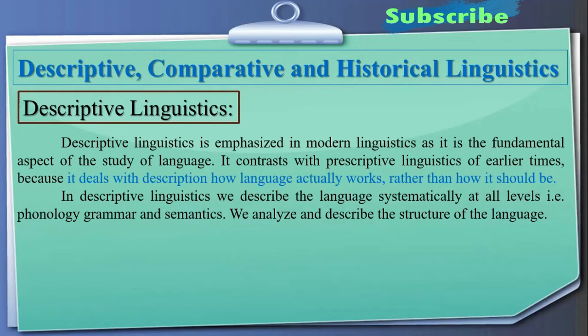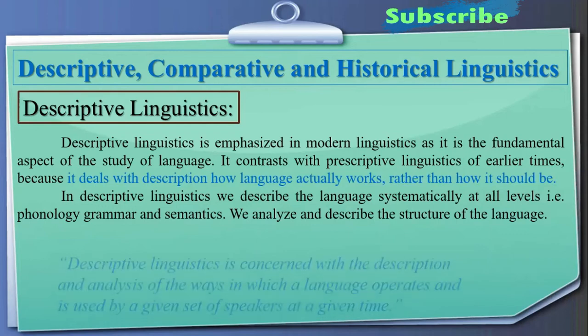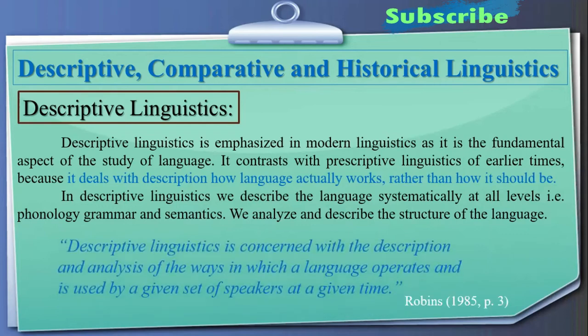So this is very clear: when we talk about description in linguistics, we are talking about how language is actually used. Here is a definition from Robbins 1985, page 3. Descriptive linguistics is concerned with the description and analysis of the ways in which a language operates and is used by a given set of speakers at a given time.